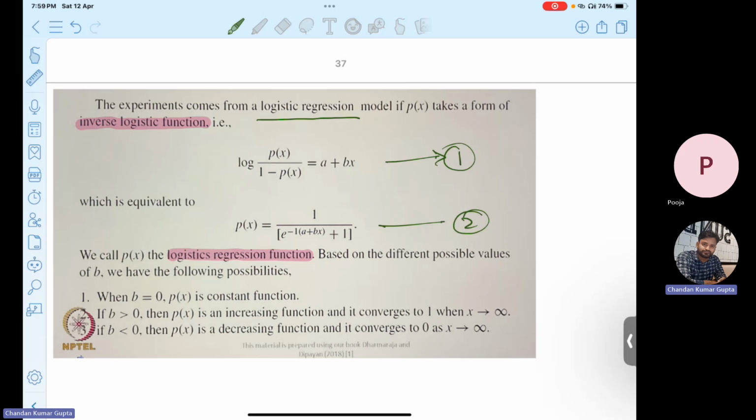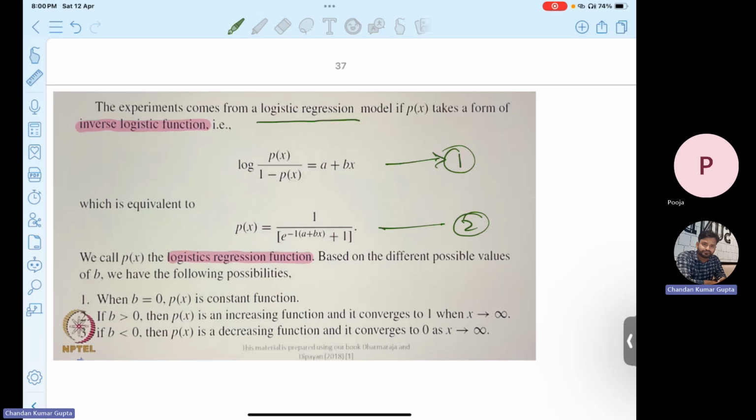Okay, and here p(x) is the logistic regression function, and here the small a and small b are there. On the basis of the values of small a and small b, we are able to make some interpretation about the function.